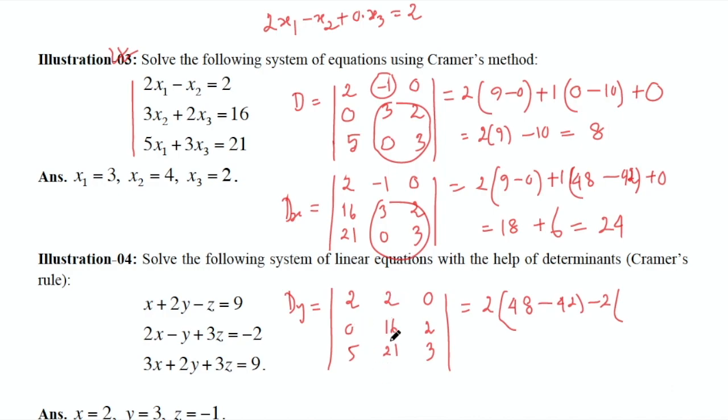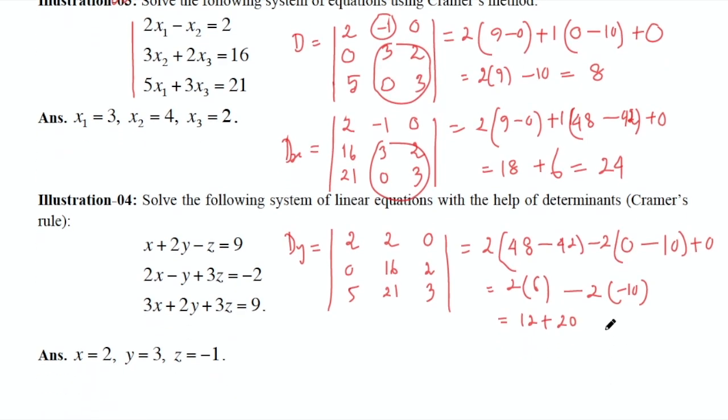So minus 2 into 0 into 3, which is 0, minus 5 into 2, 10, plus 0, which is equal to 2 into 6, minus 2 into minus 10, which is 12 plus 20, and this equals 32.